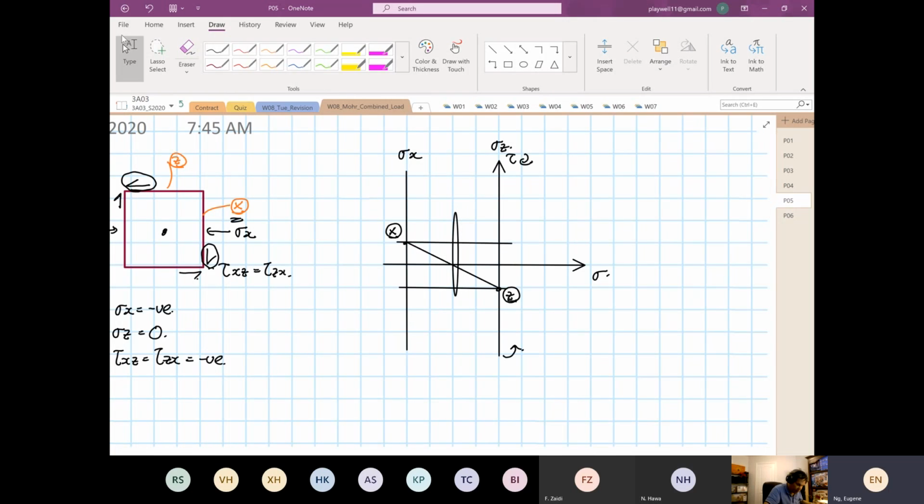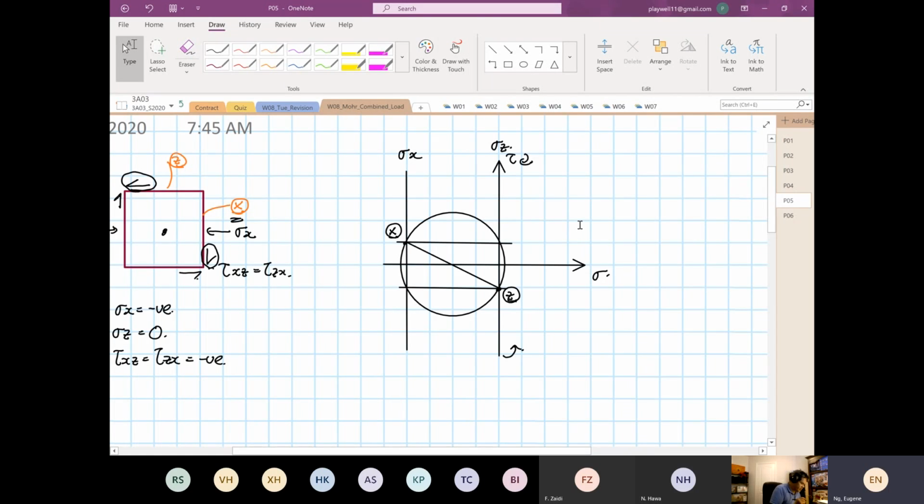Finally it moved. I think I got my center wrong. Okay, so now we've got our Mohr circle.